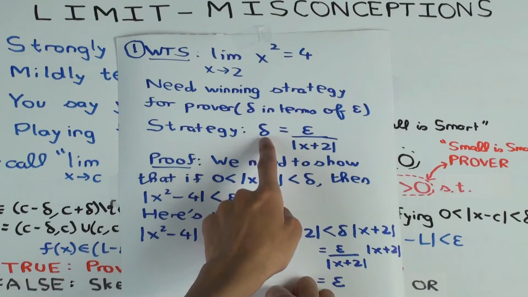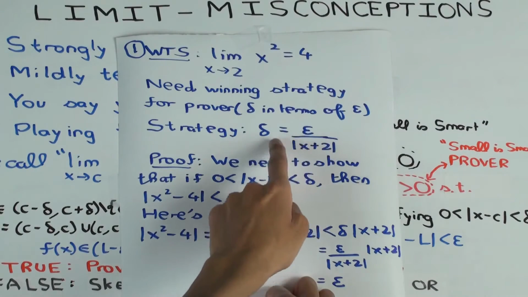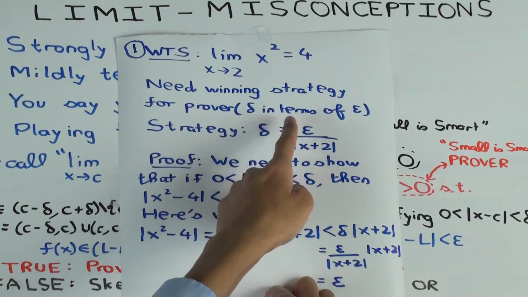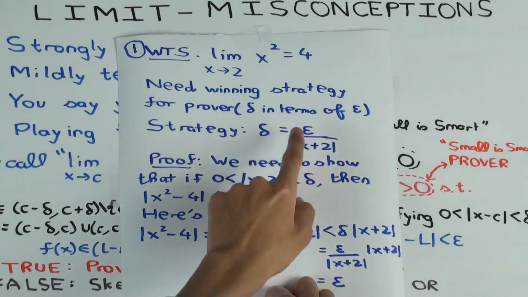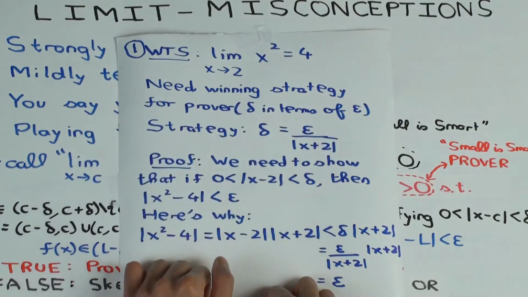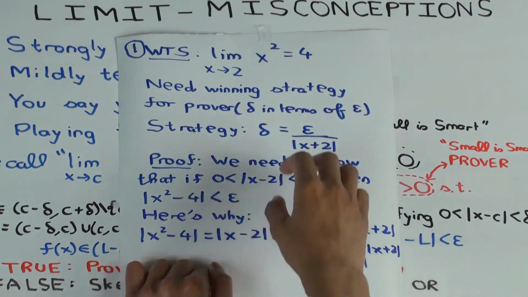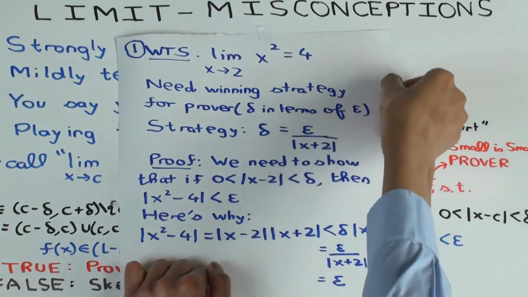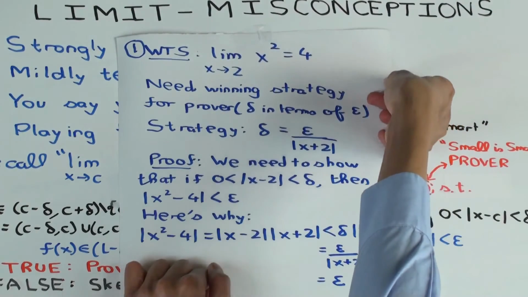So the prover is picking the delta based on x, but the prover doesn't know x at the stage when picking the delta. The delta that the prover chooses has to be completely a function of epsilon alone. It cannot depend on the future moves of the skeptic. So the prover cannot read the skeptic's mind and doesn't know what the skeptic plans to do.